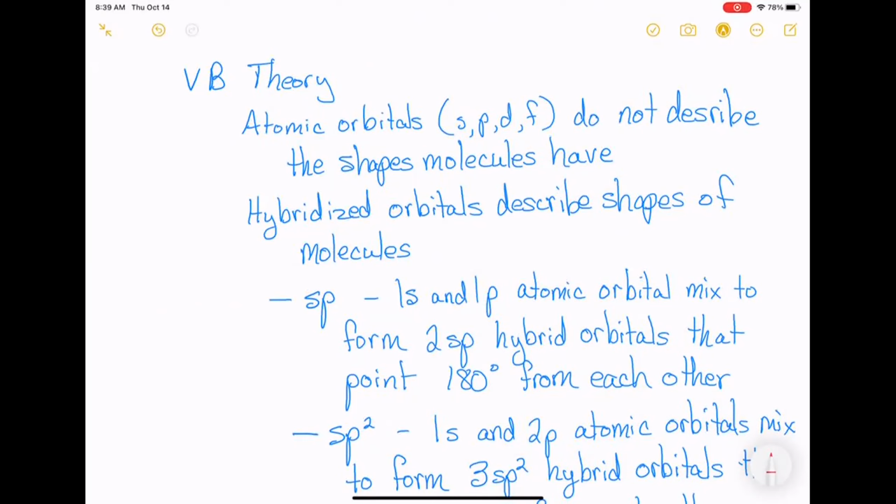It means that one of the s atomic orbitals combined mathematically with one of the p atomic orbitals to form 2 sp hybrid orbitals. Now, these hybrid orbitals will point in a direction so that they're as far away from each other as possible. So they will point to 180 degrees from each other.